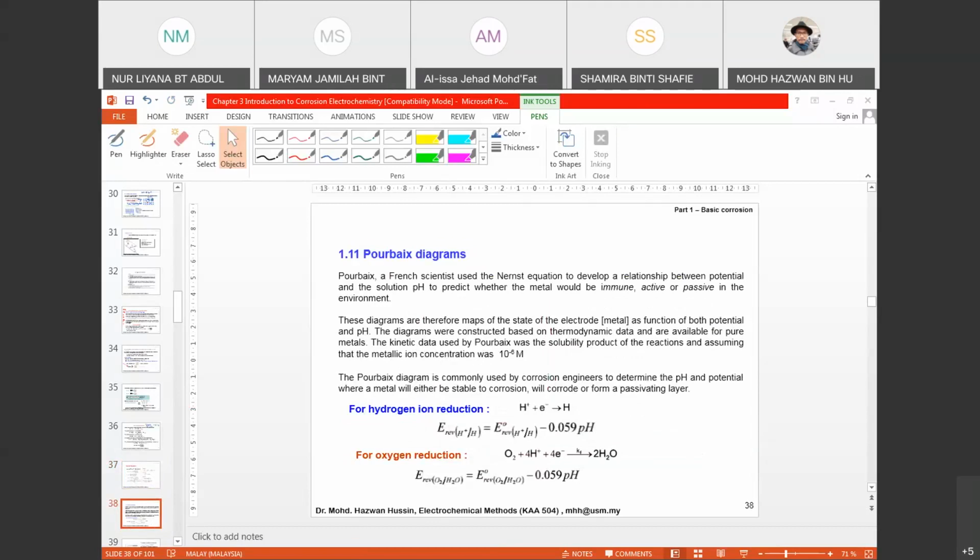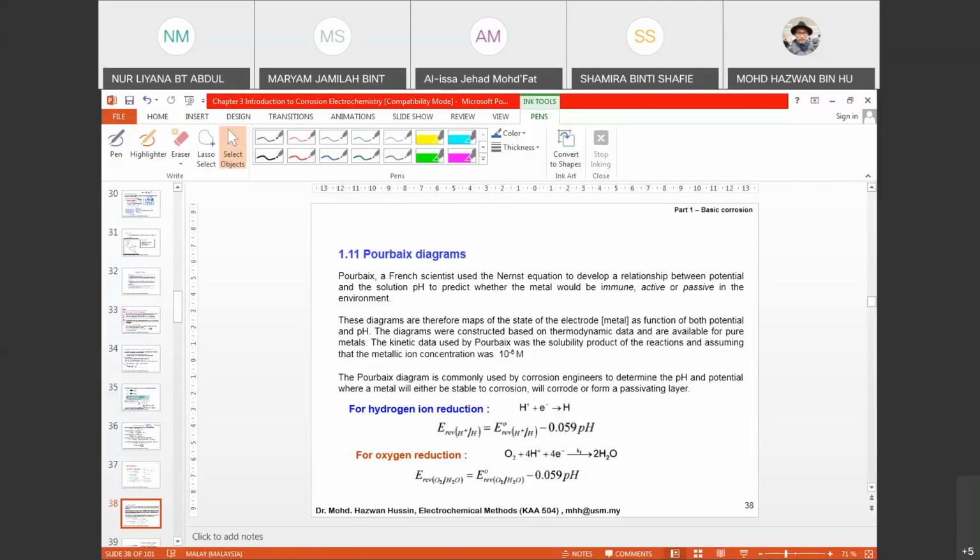Okay, so we are moving on to the next part, which is known as the Pourbaix diagram. A Pourbaix diagram is a type of diagram to indicate the region or the phase of a material, whether it experiences corrosion, immunity, or passivity.